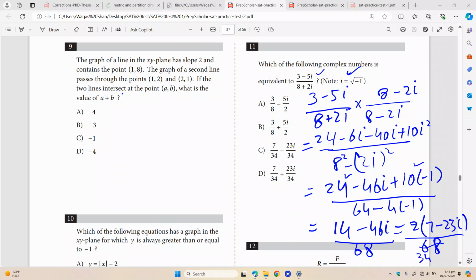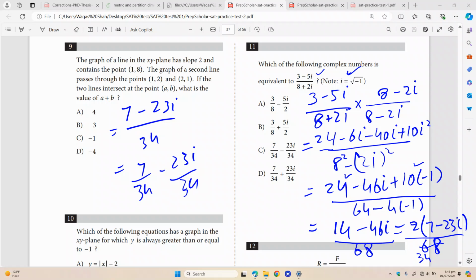So our final answer will be 7 minus 23i divided by 34, which is equal to 7 by 34 minus 23i by 34. So C is the correct option.